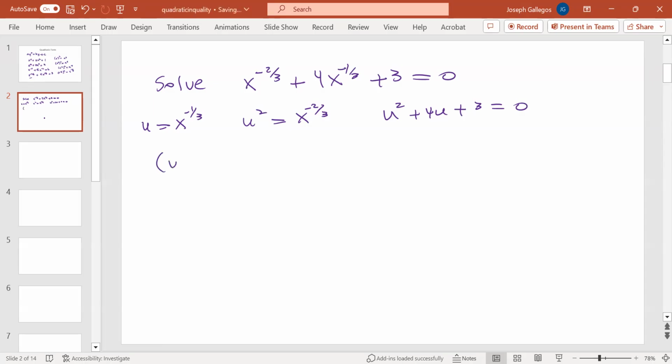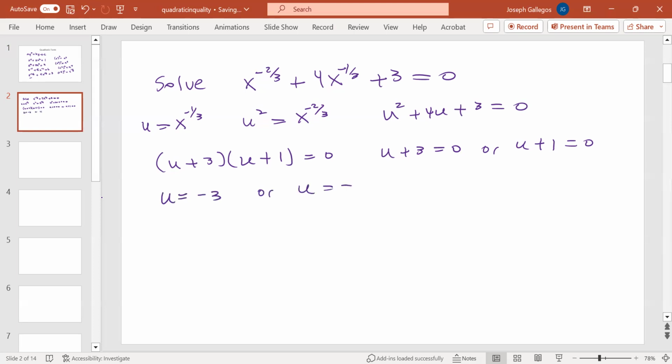So we know we're going to be able to factor this as u plus 3 times u plus 1 equal to 0. And now setting each factor to 0, we would have u plus 3 is equal to 0, or u plus 1 is equal to 0. And solving each of those equations gives us two solutions to the quadratic form: u equal to negative 3, or u is equal to negative 1.